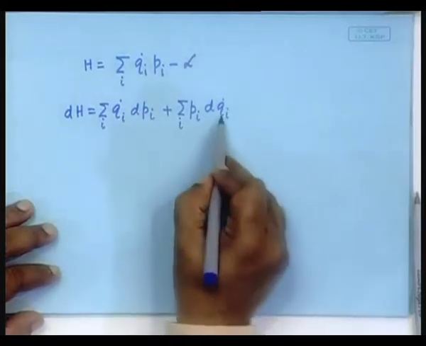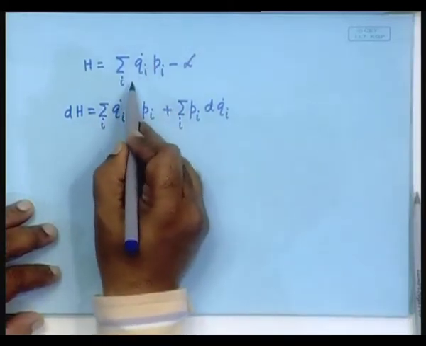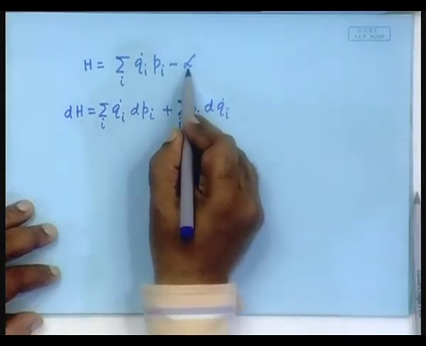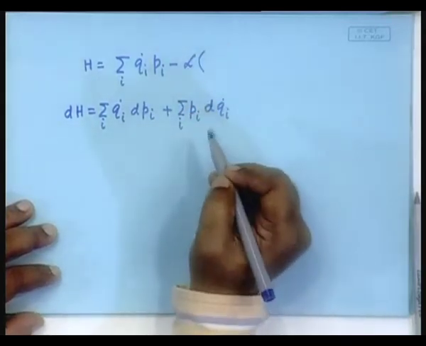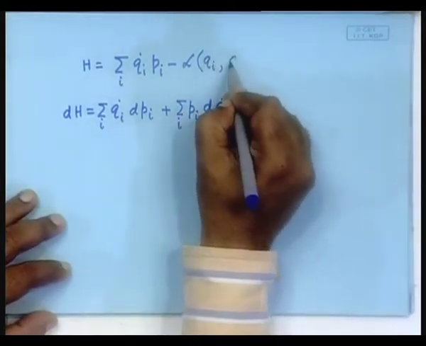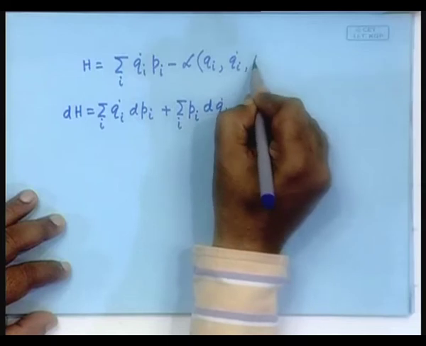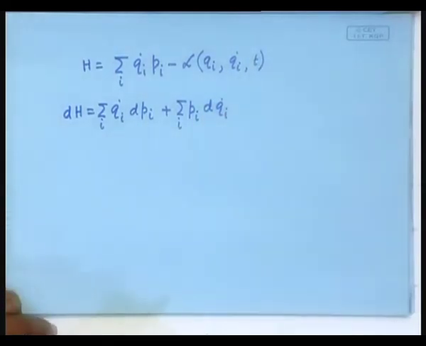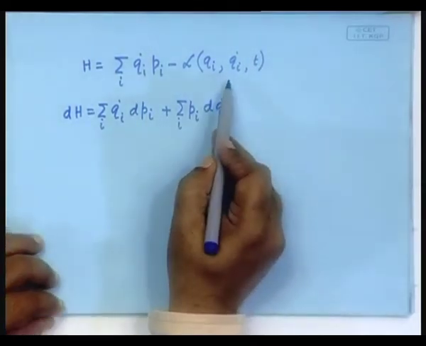These two yield the derivative of here, and now this Lagrangian we know is a function of qi, qi dot and time. We have already seen that.